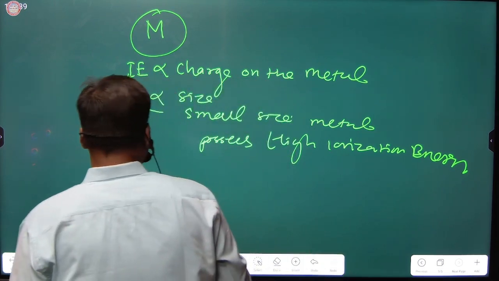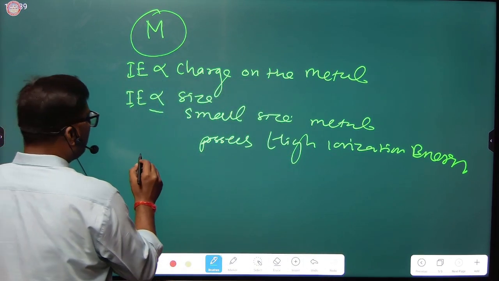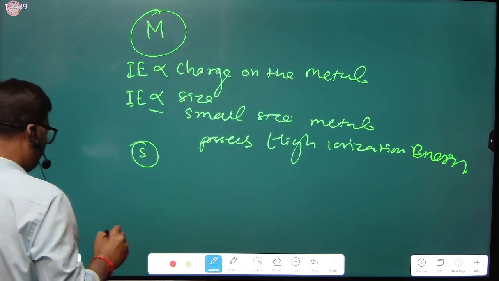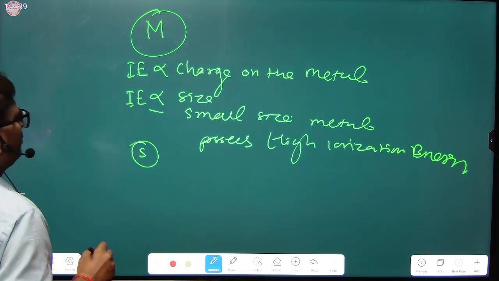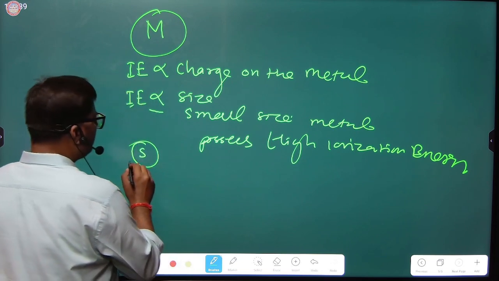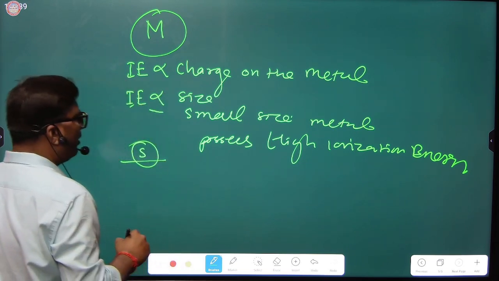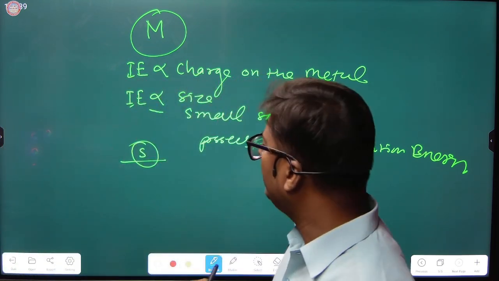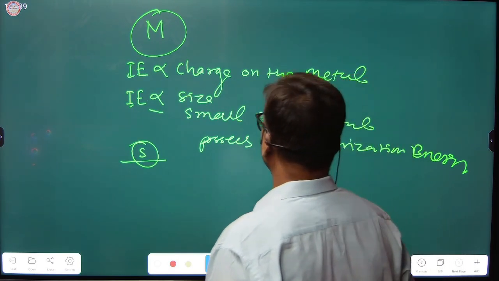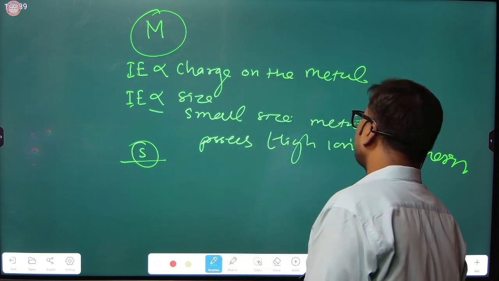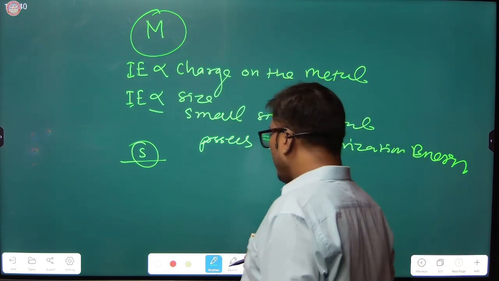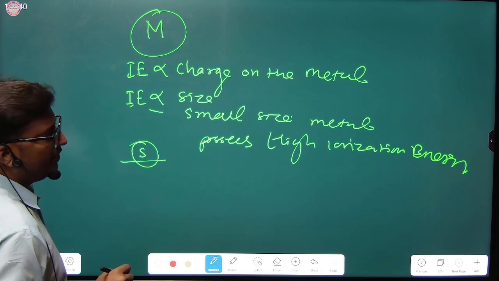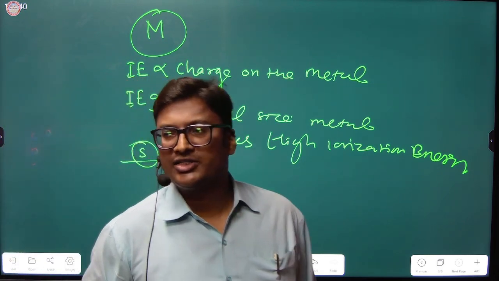The s orbital for the alkali metals is the valence shell, which can lose its electron through the supplement of heat energy, and accordingly the ionization energy. If the metal has a noble gas configuration, then it has very high ionization energy.